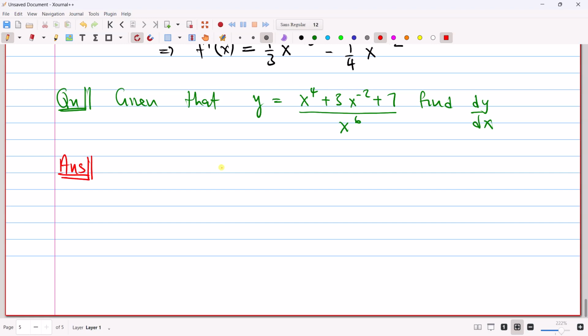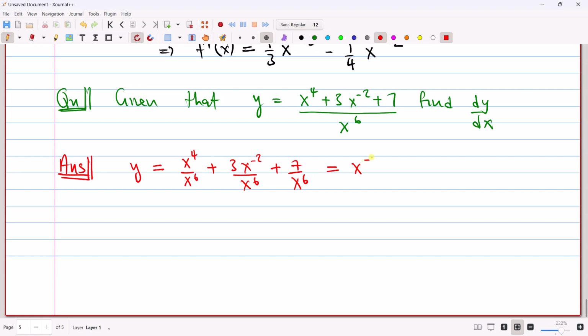So how can we answer this problem? So to answer this problem first, we can see that what we have doesn't really look the way we want it. So what we have to do is to first fix this to align to the structure that we want. So one of the things that we know is that every time when this is true, then we know that actually this implies that x4 over x6 plus 3x minus 2 over x6 plus 7 over x6 is also true.